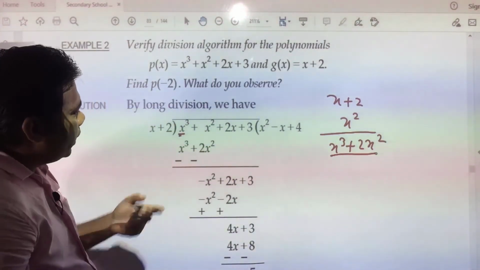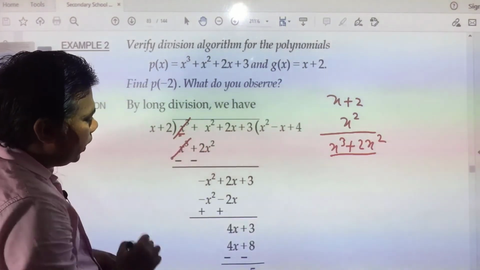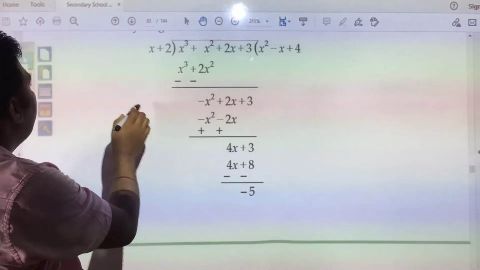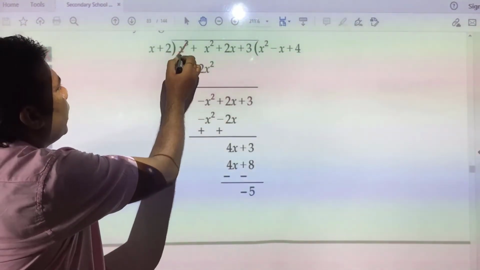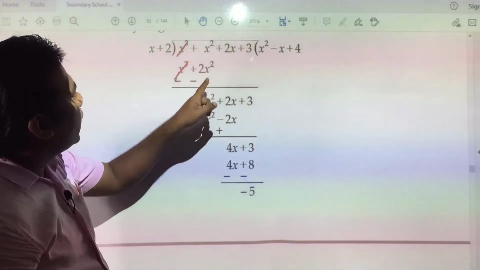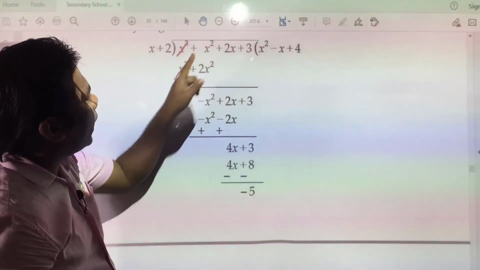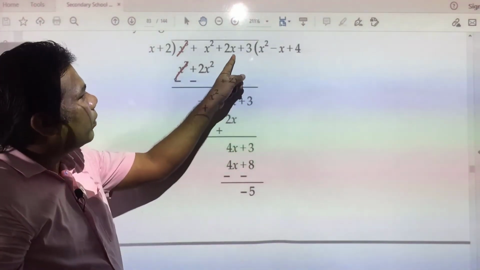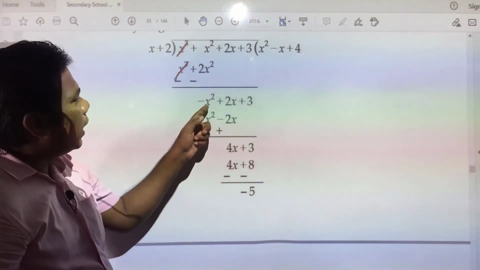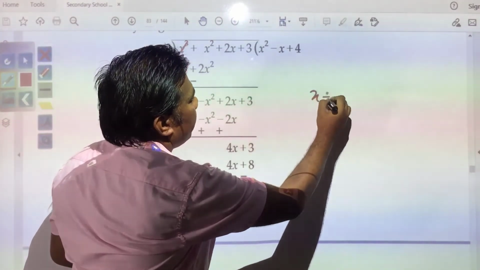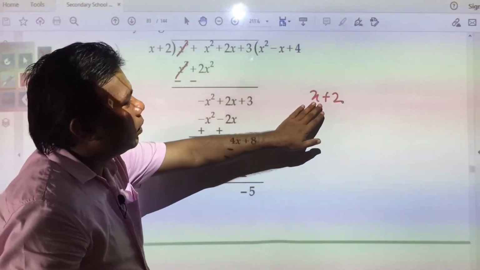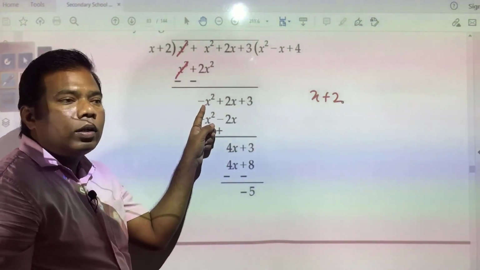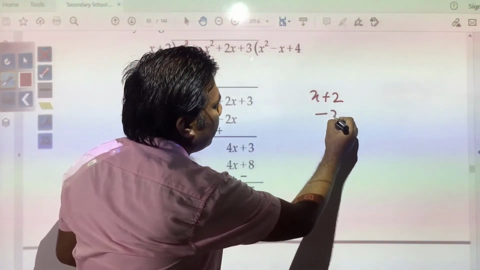Now, we will subtract this. So, x³ and x³ will get eliminated, and minus 2x² and x² will become minus x². Next term you have 2x and 3 that has been written. Now, again x + 2 you have. So, we need to think by which term we will multiply x + 2, so that we will get −x². So, here you need to multiply by −x.